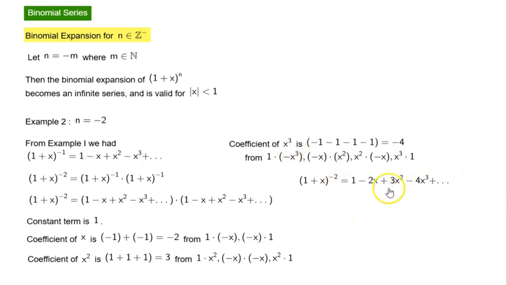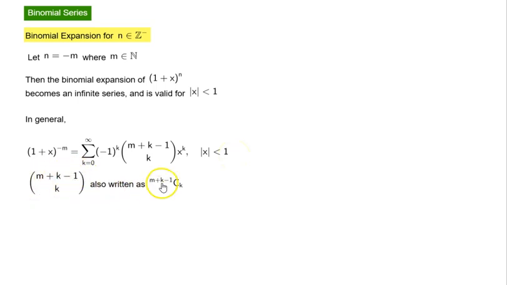So this again is going to be an infinite series. And we can write this as 1 plus x to the power of minus 2 is equal to the summation as n goes from 0 to infinity of minus 1 to the power of n times n plus 1 times x to the power of n, where the absolute value of x is less than 1.